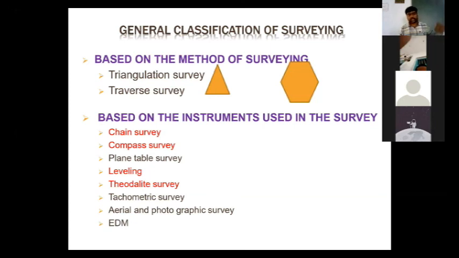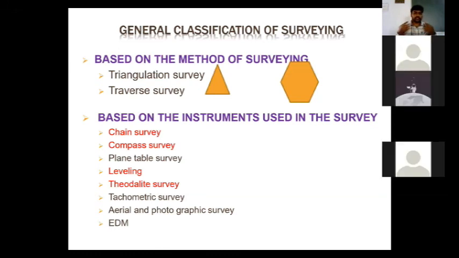We also have that in the lab, and in the coming class I will show you the total station. It does everything: the area calculation, the direction, the plan, the elevation. That is why we call that instrument the total station.